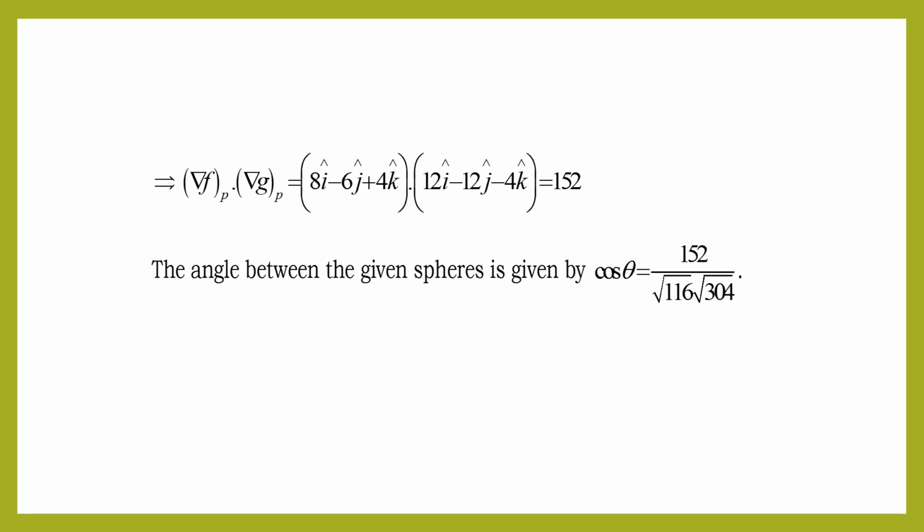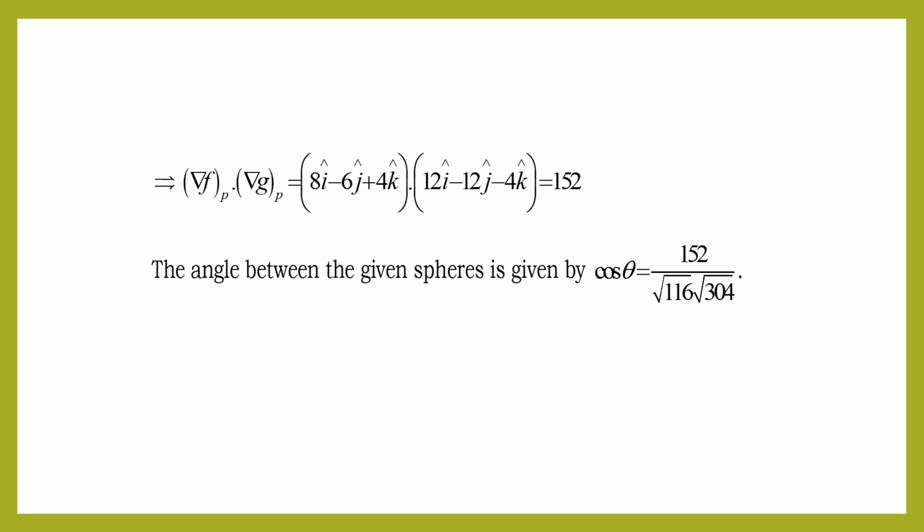Now, we need to find out the dot product of these two vectors, del F at P and del G at P. Their dot product equals 152.